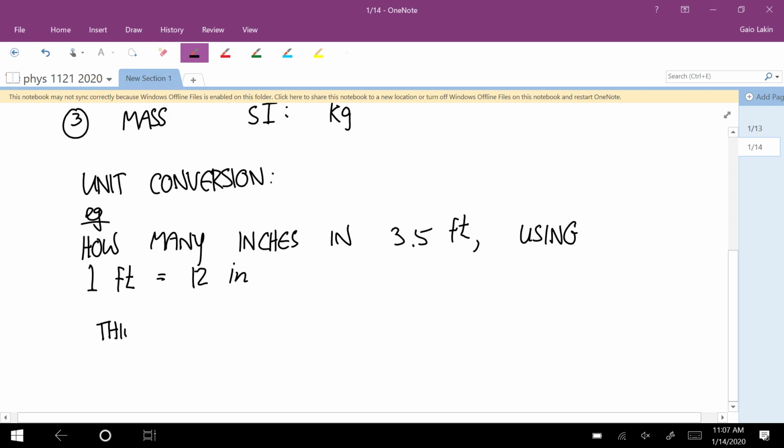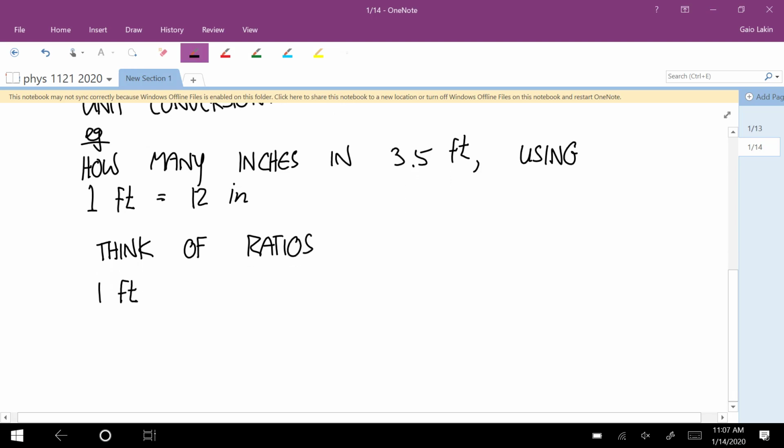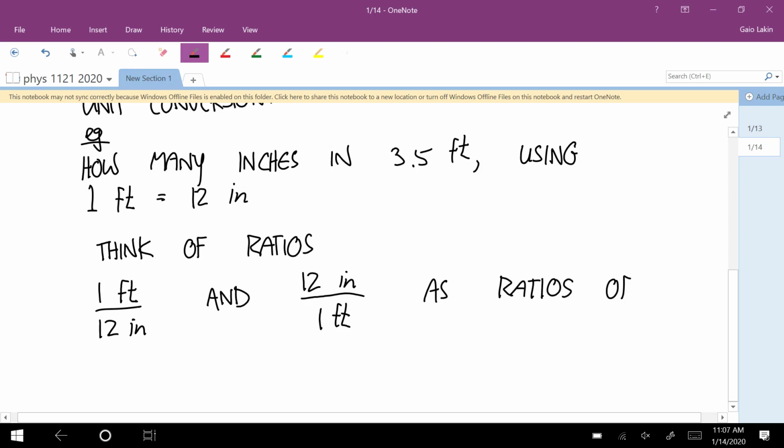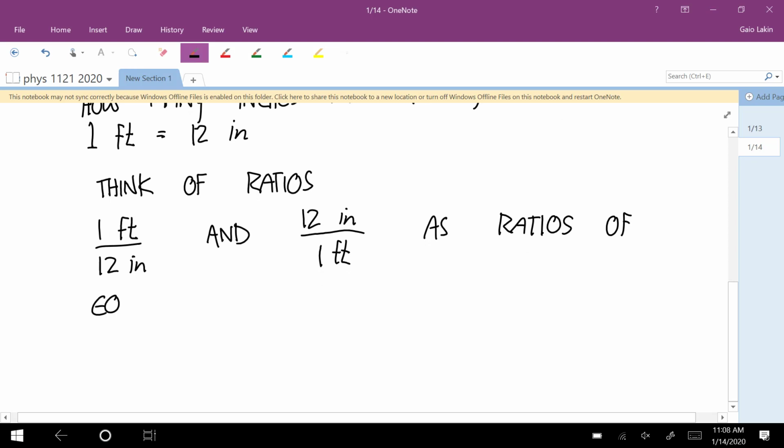think of this ratio, 1 foot over 12 inches, and 12 inches over 1 foot, as a ratio of equivalent quantities, and therefore they're equal to 1.